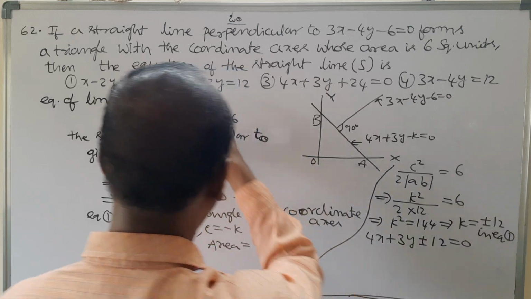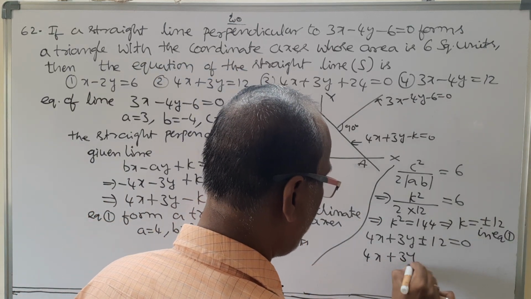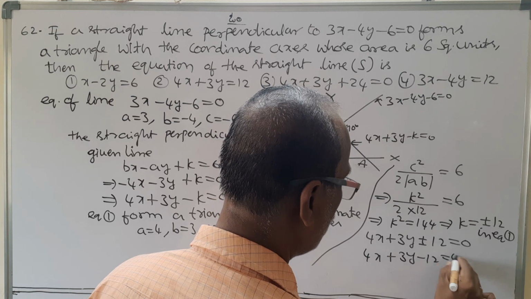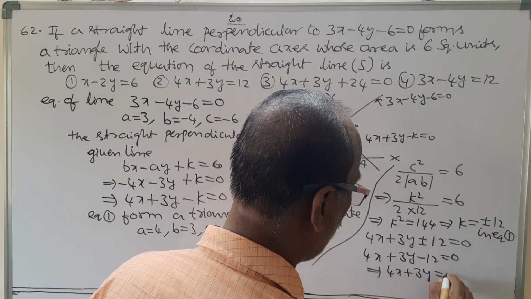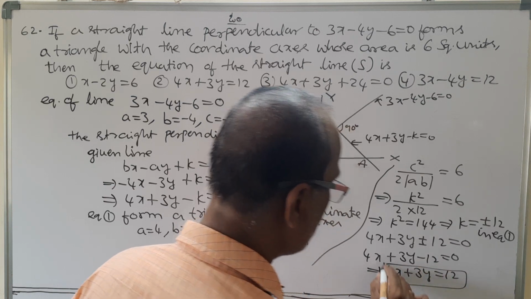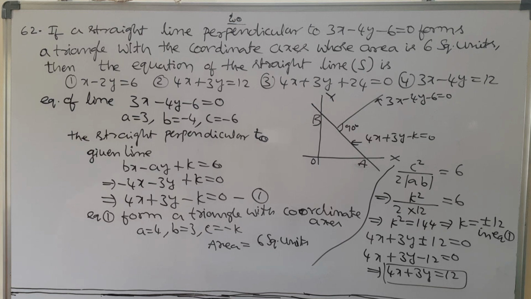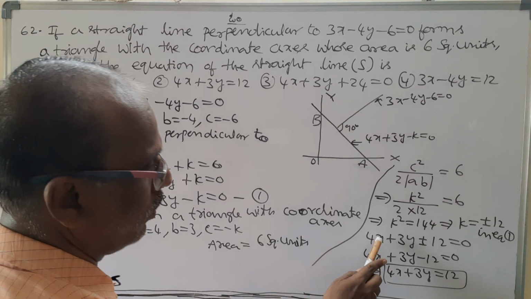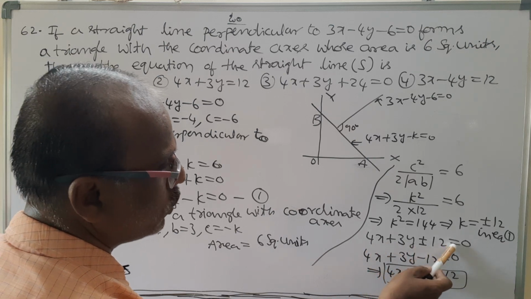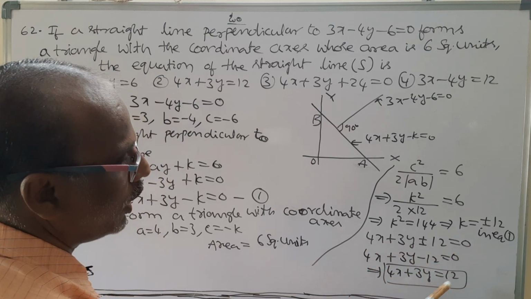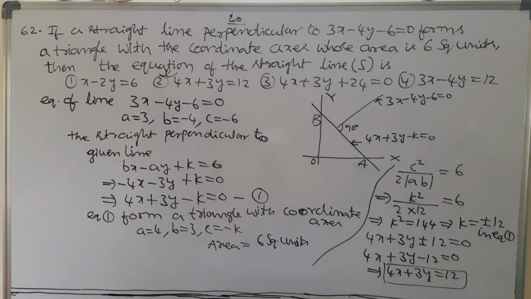Therefore, in this option, 4x plus 3y minus 12 equal to 0, 4x plus 3y equal to 12. Here two answers are there. One answer is 4x plus 3y plus 12 equal to 0, but in the options there is no 4x plus 3y plus 12 equal to 0. So 4x plus 3y minus 12 equal to 0, 4x plus 3y equal to 12, that is the second option, which is correct.